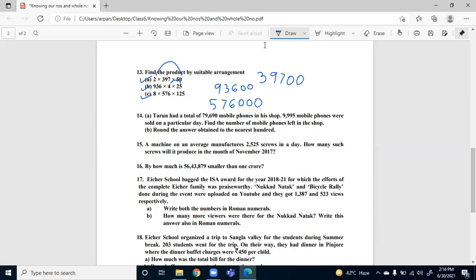So how have you solved? Can you tell me? I multiply both the numbers by 8. Both the numbers by 8. 8 multiply 125.